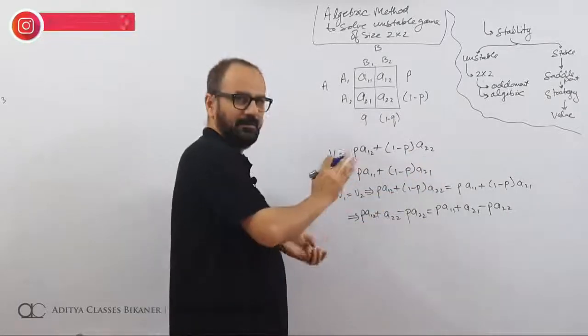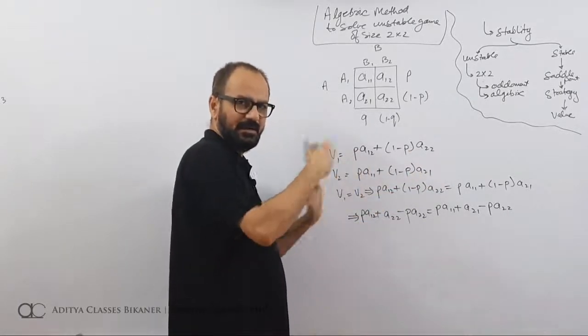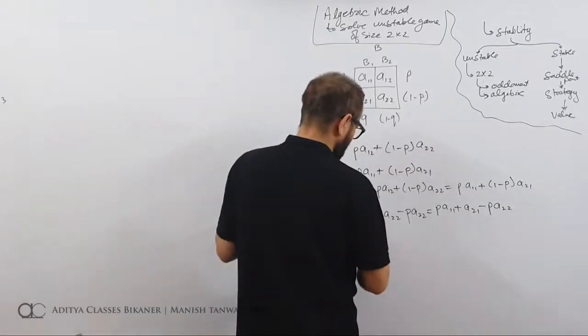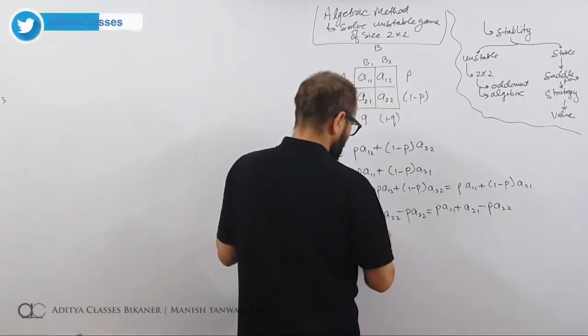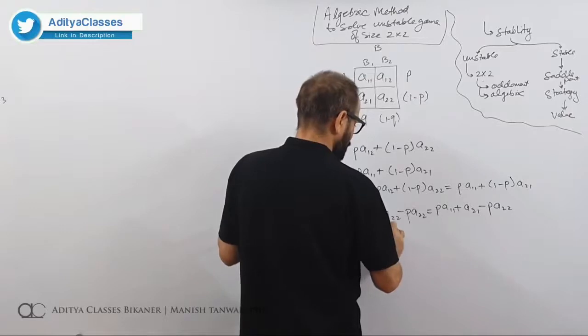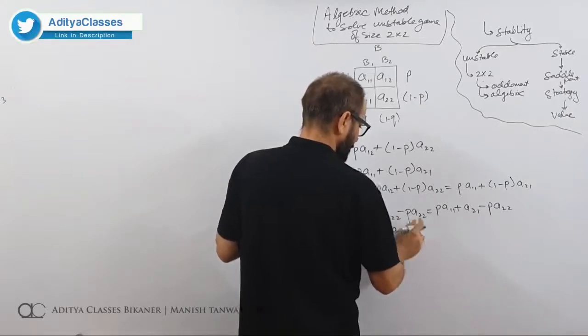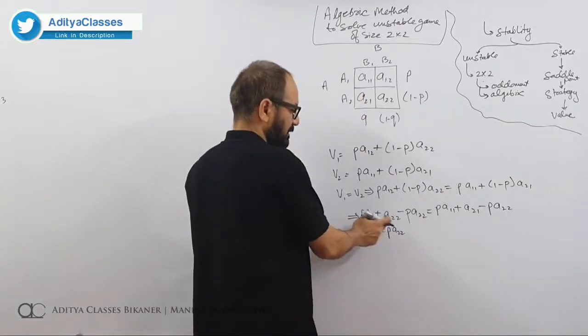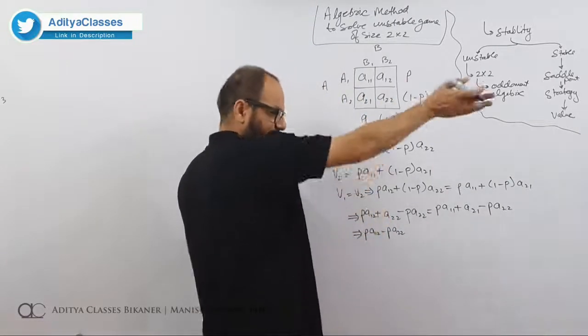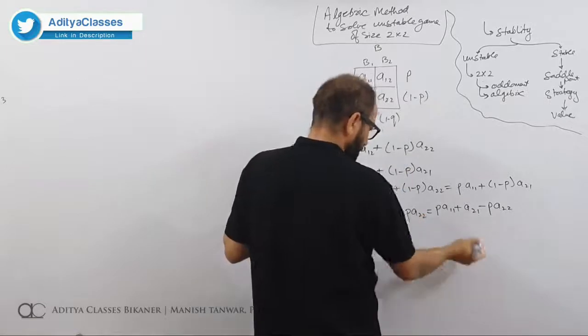Now we can arrange them, bringing all P's on one side and the remaining stuff on the other side. We get P A12 minus P A22. These two are P terms. This is a non-P term. I'll send it over there. This is a P term. Let me bring it over here.